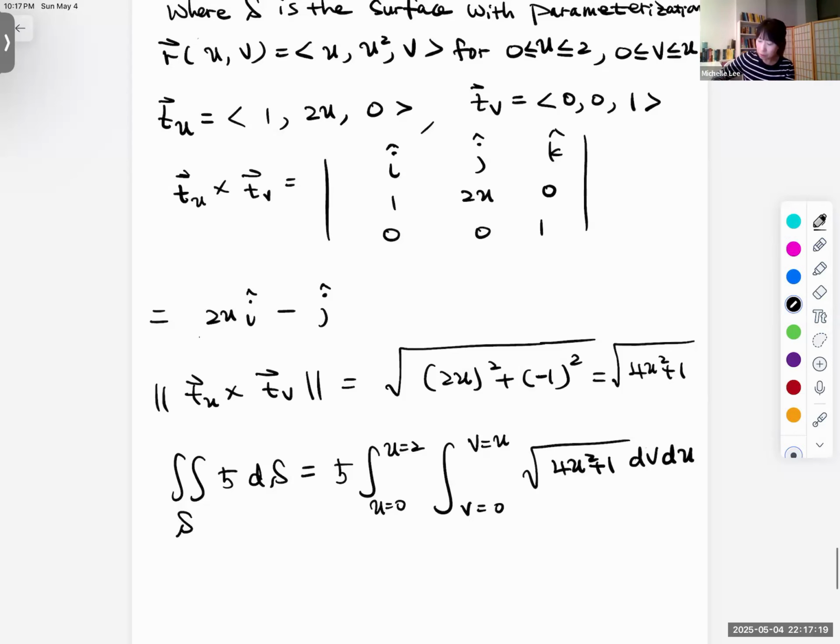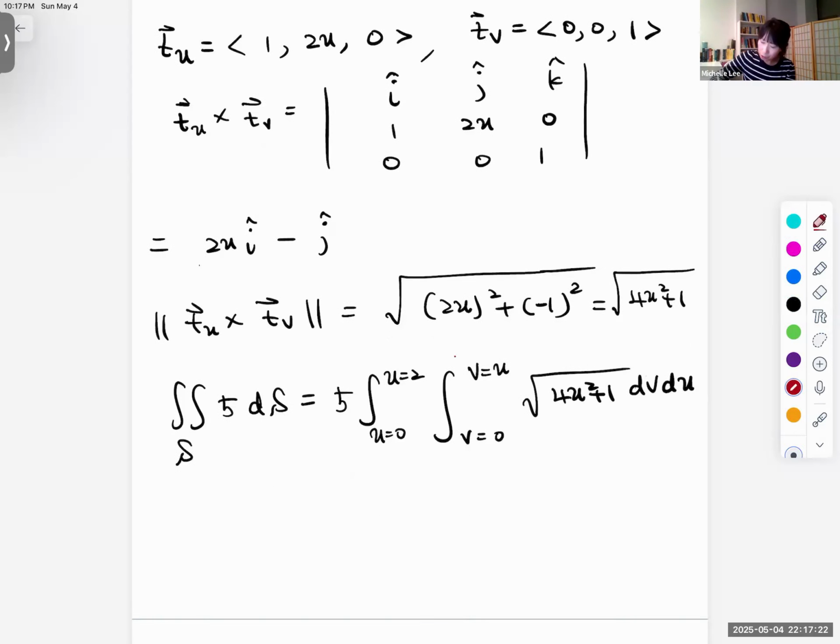Now we want to integrate this one first, which means we treat u as a constant.